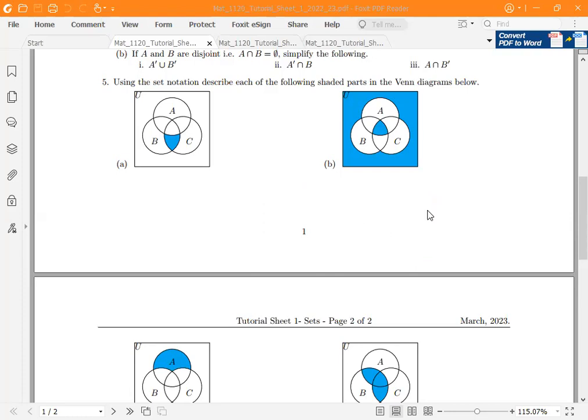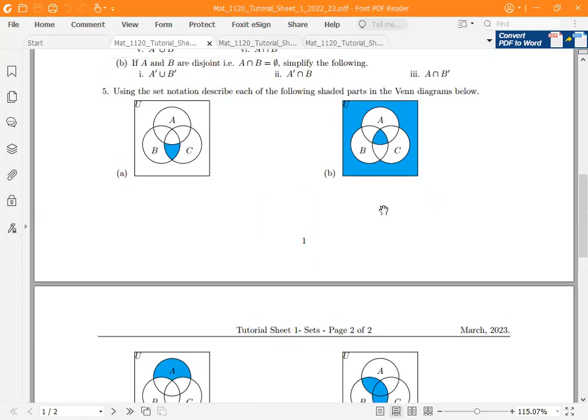Okay, so we can also describe set B. A, B, C here. You see that the first shaded part we are seeing is A intersection B intersection C being shaded.